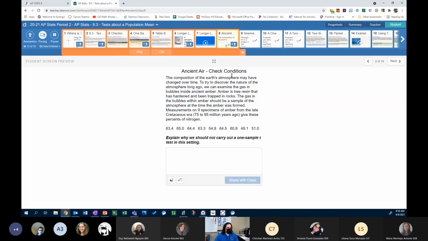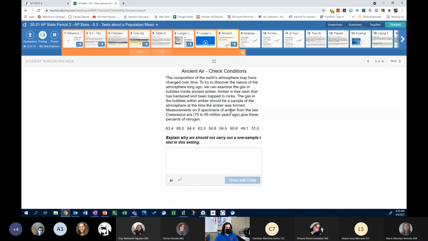All right. And this is about checking conditions. The composition of the Earth's atmosphere may have changed over time. To try to discover the nature of the atmosphere long ago, we can examine the gas in bubbles inside ancient amber. Amber is tree resin that has hardened and been trapped in rocks. The gas in the bubbles within amber should be a sample of the atmosphere at the time the amber was formed.